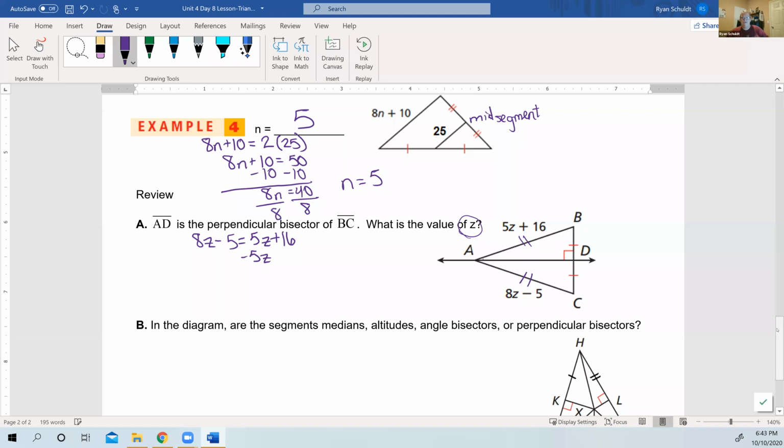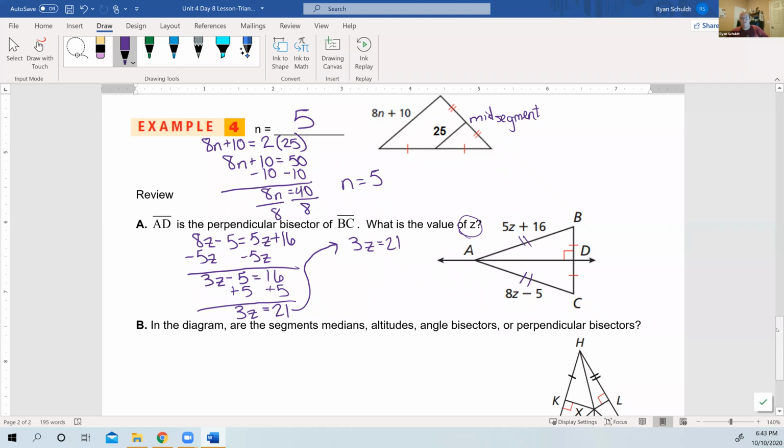Subtract my 5z. I get 3z minus 5 equals 16. Add 5. Get 3z equals, let's see, 21. I'm out of room, so I'm going to rewrite this up here. I just rewrote it.